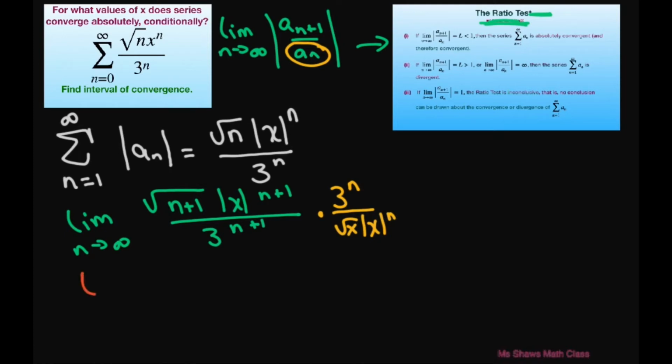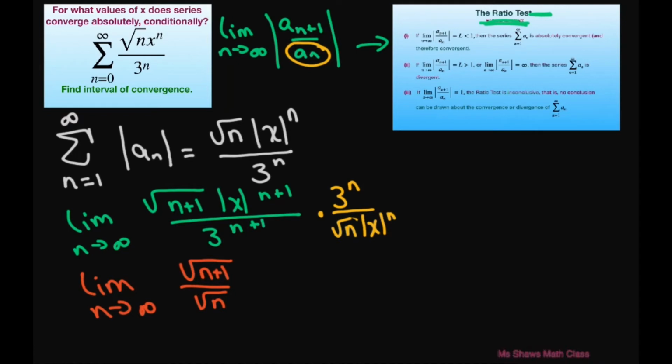Let's group this together a little bit. We have the limit as n approaches infinity. And let's write this as the square root of n plus 1 divided by the square root of n. This should be an n here. All right, square root of n.